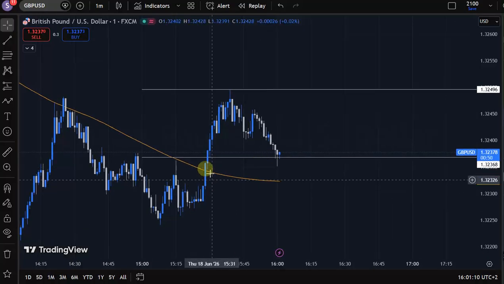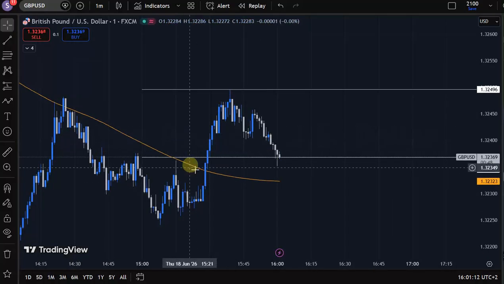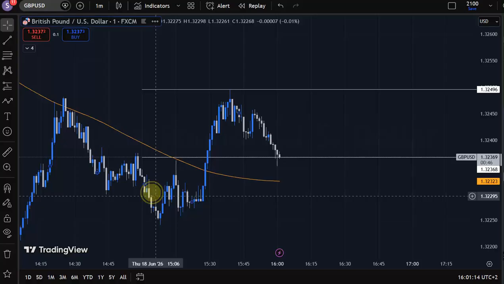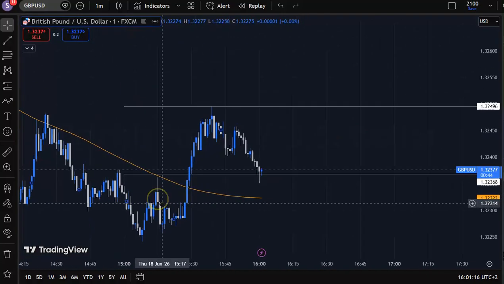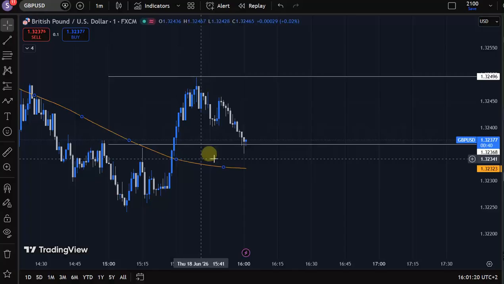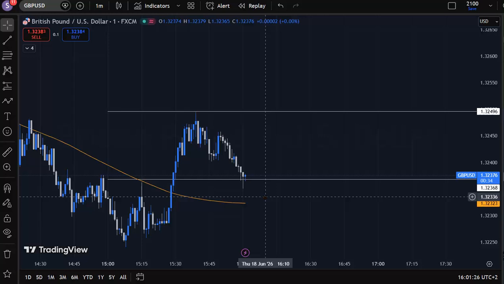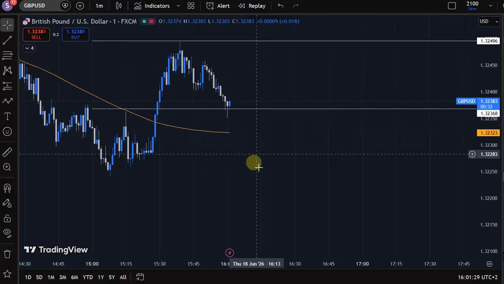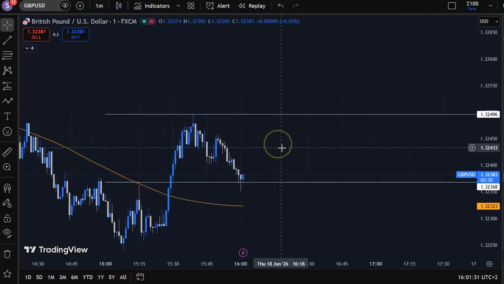As we just saw, price just broke out of the moving average after being down there for too long. But a plan is a plan, though it would have been better if it broke out to the upside.